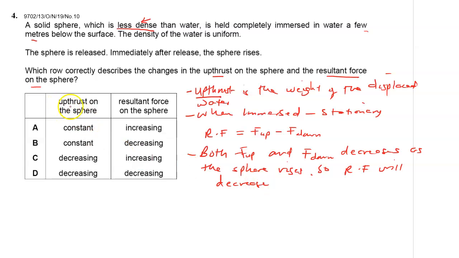So the upthrust on the sphere will remain constant, right? Because it is acted upon by the weight. Upthrust is equal to the weight of the displaced liquid, displaced water, which will be constant throughout as the sphere comes up, and therefore the resultant force on the sphere will decrease as the sphere comes up, because the resultant force is the upward force minus the downward force.